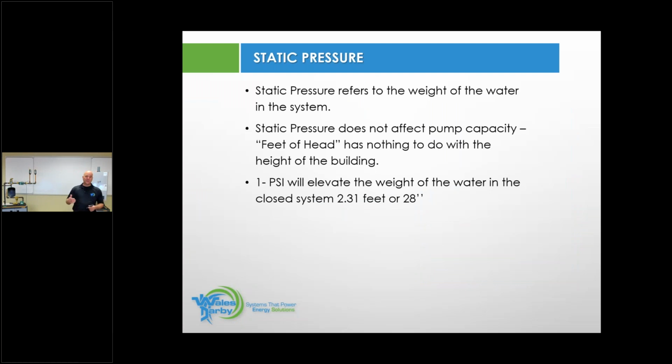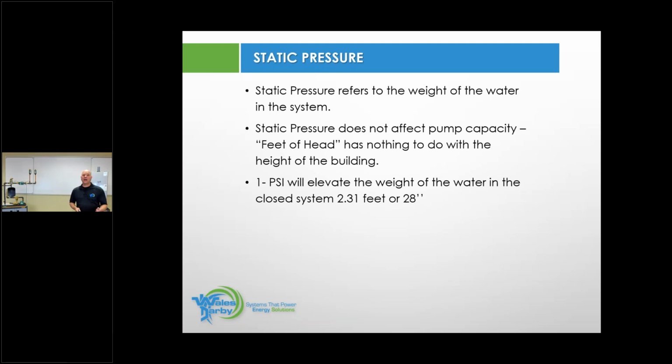So static pressure refers to the weight of the water in a system. Static pressure does not affect pump capacity, feet of head, and has nothing to do with height of the building. 1 psi has the ability to elevate water 2.31 feet or 28 inches.